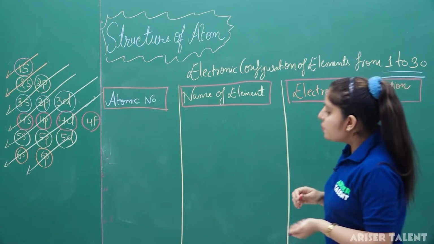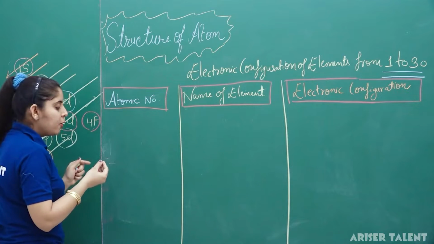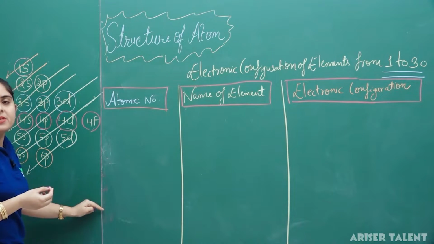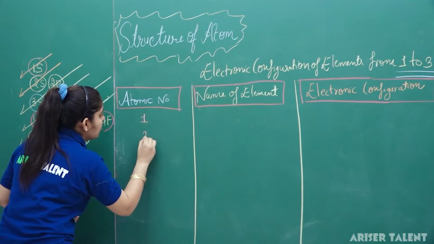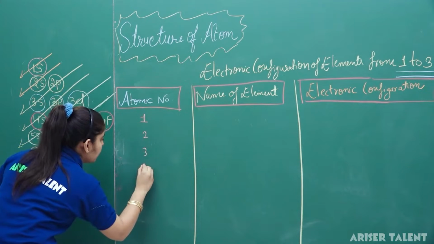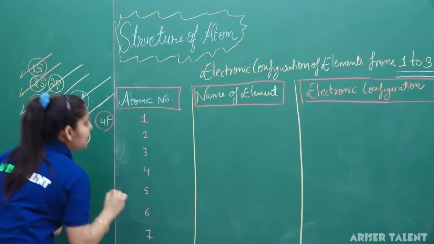Now starting from atomic number 1, we know that atomic number 1 is hydrogen. I am writing 10 elements here from 1 to 10, so we have atomic numbers 1, 2, 3, 4, 5, 6 and 7.